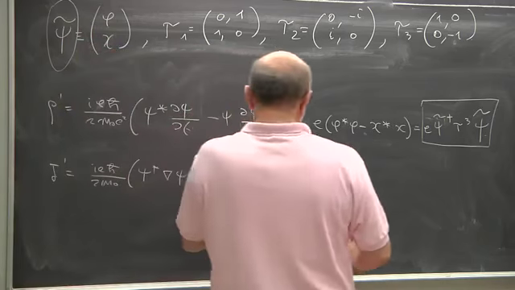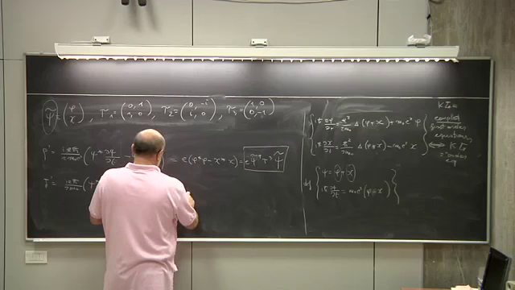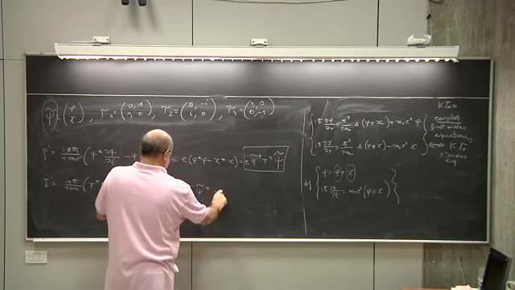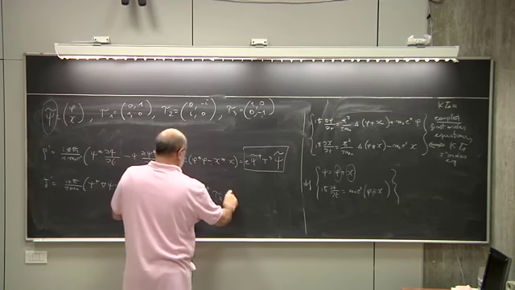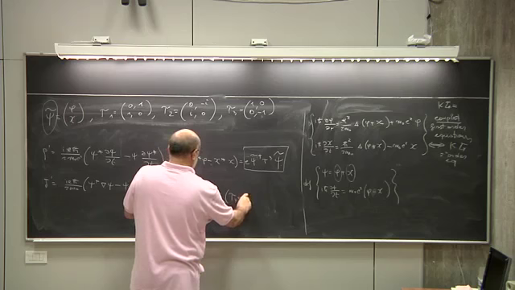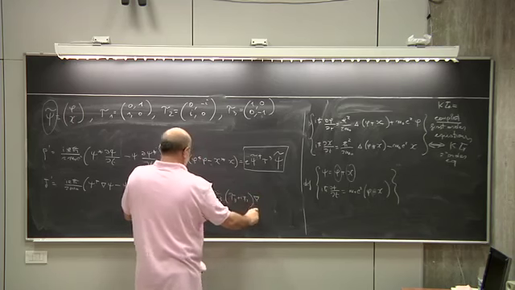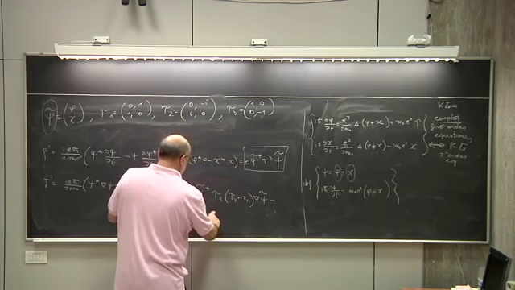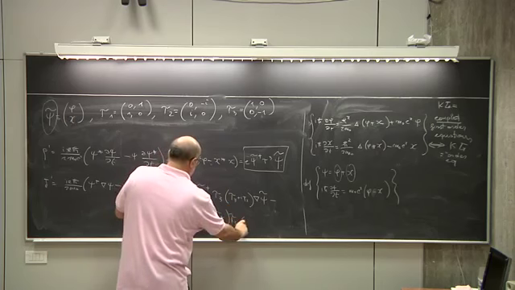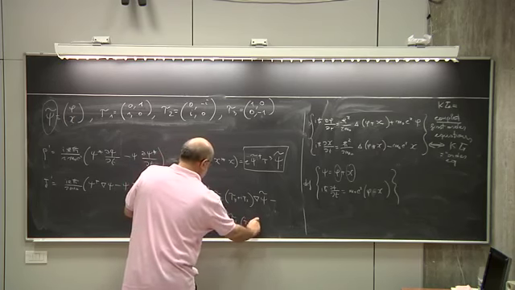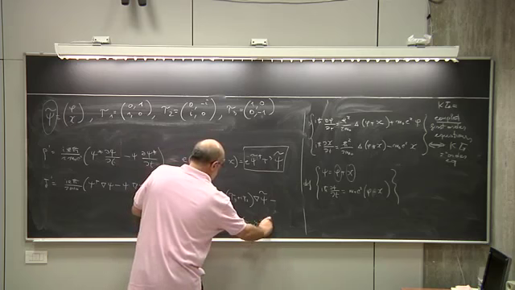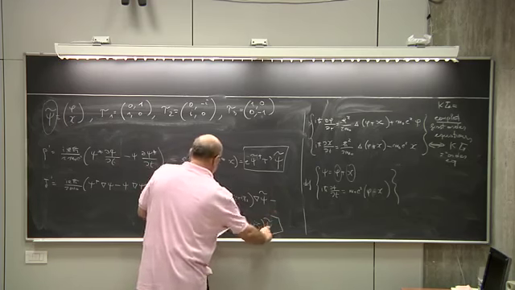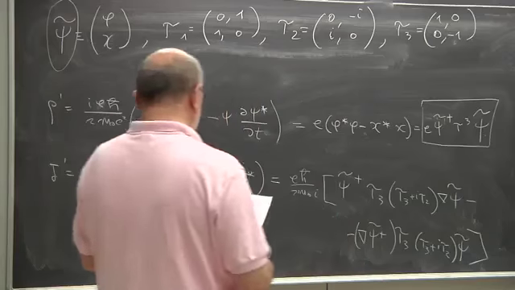Yes, I can, and the result is this: psi tilde dagger, tau 3 times tau 3 plus i tau 2, gradient of psi tilde, minus gradient of psi tilde tau 3, plus i tau 2 psi tilde. Okay, it's a little bit more complicated.